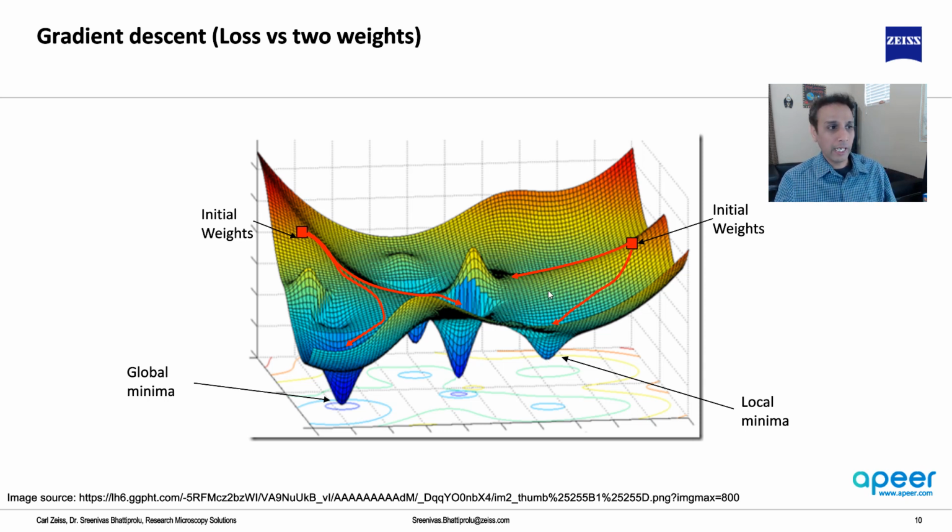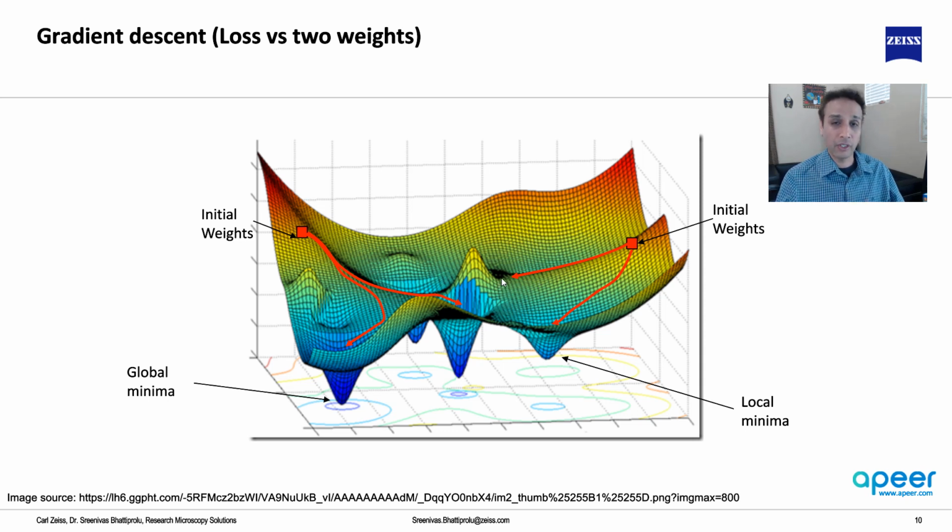If you're lucky, you would actually go all the way here and then find this global minima. But if your initial weight is right here, there is no way that you can go all the way down here. There is also a good chance that you just keep updating the weights around here, and you never find even the local minima, but you get stuck right around here.